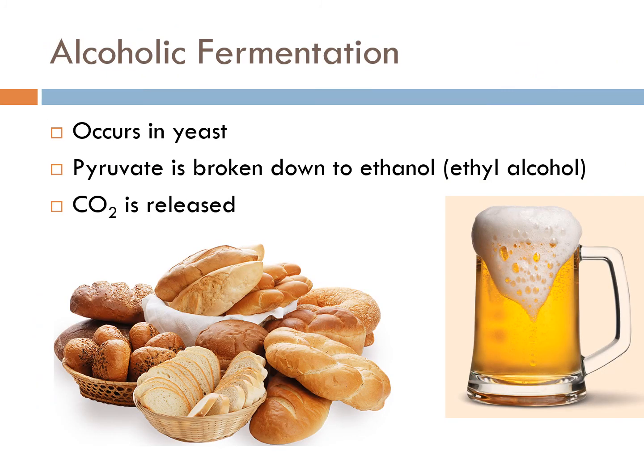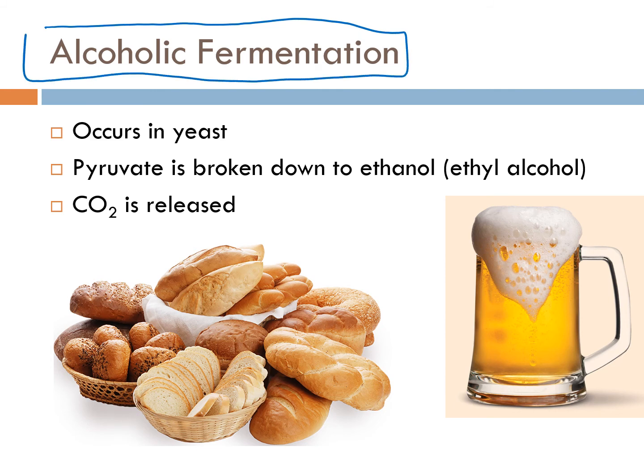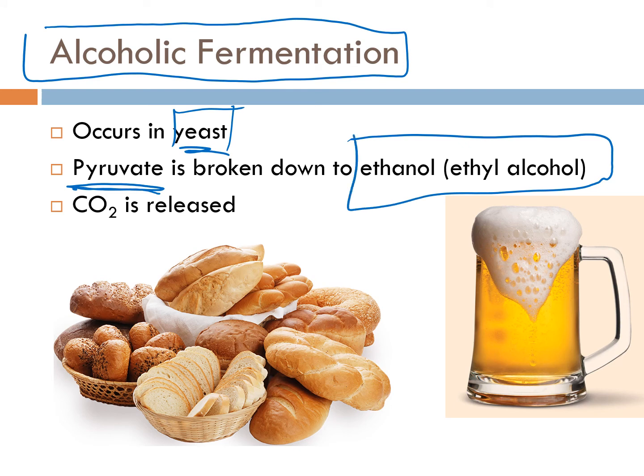The last bit of information we're going to talk about is alcoholic fermentation. This occurs in yeast. Lactic acid fermentation occurs in animal cells. In yeast, pyruvate or pyruvic acid is broken down into ethanol or ethyl alcohol, and CO2 is released.